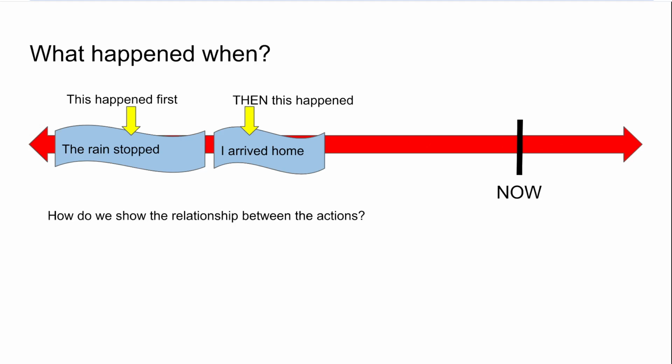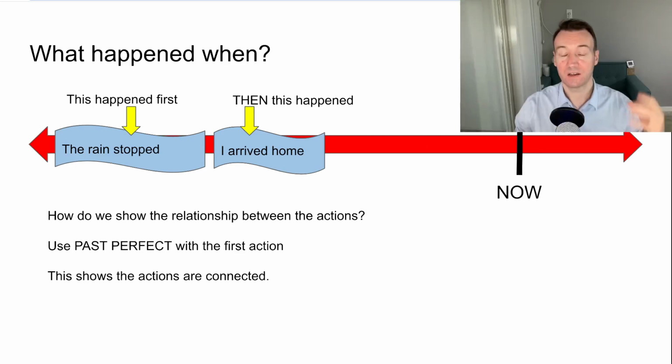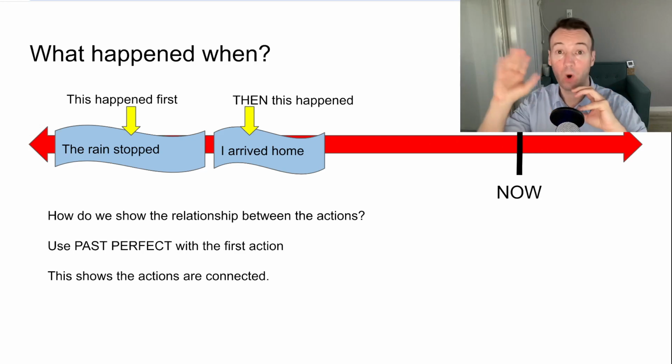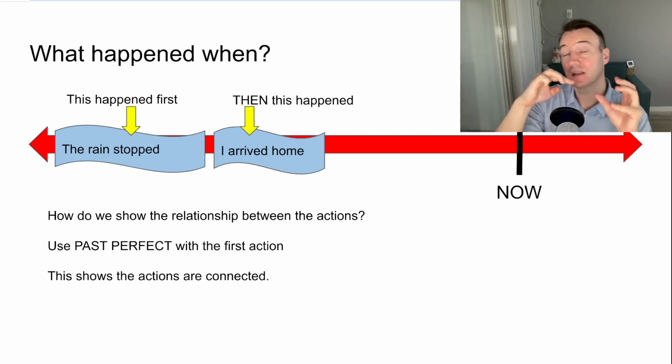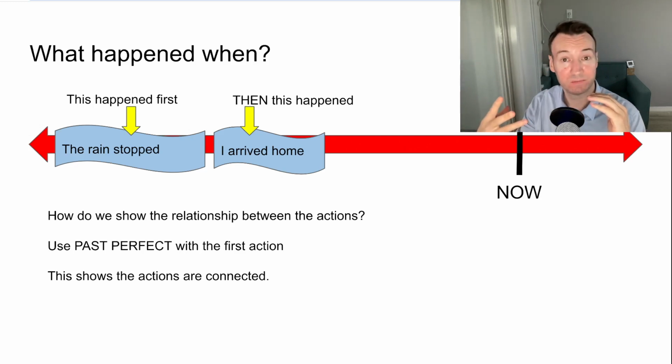How do we show the relationship between the actions? So we use past perfect with the first action. And it shows that the actions are connected, that one is either affecting the other or had some effect on it.